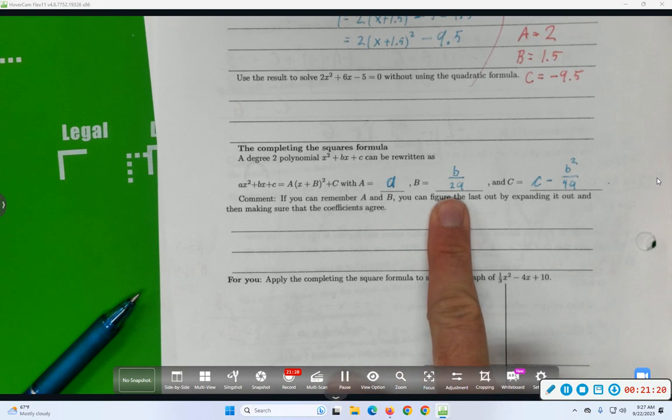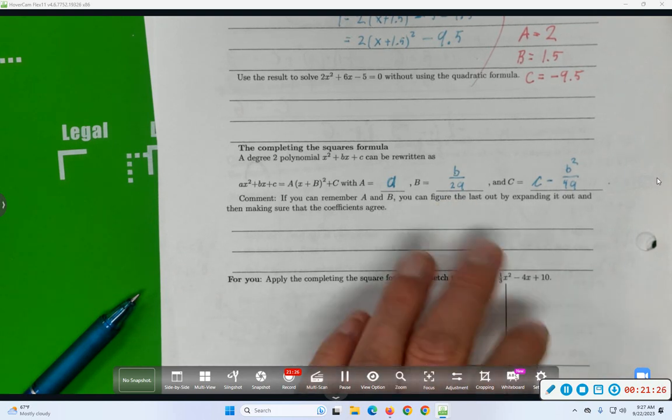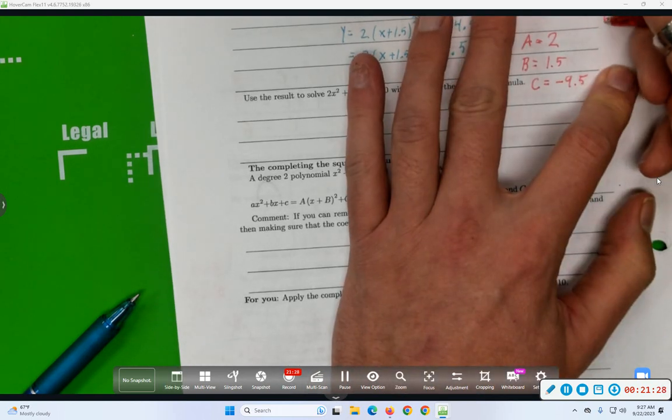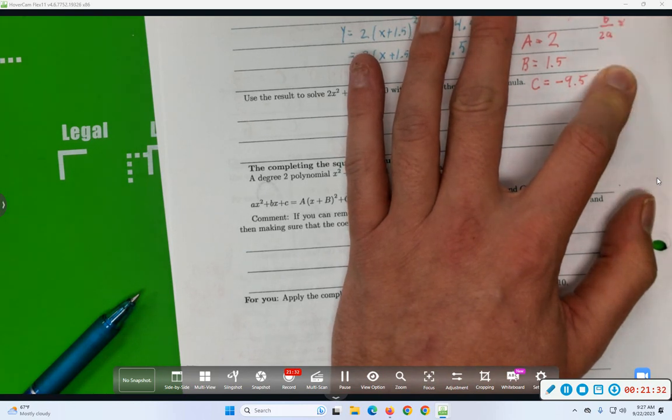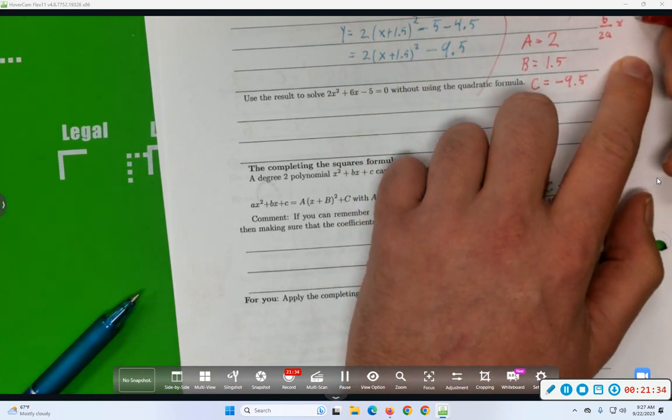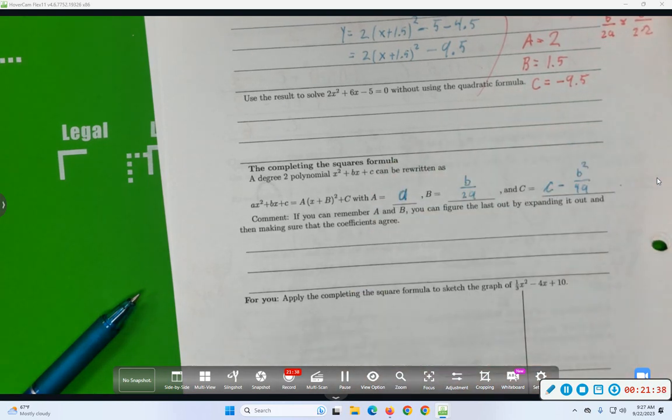Big B is little b over 2a. And that's slightly complicated, so let's compute that. Little b over 2a in this example: little b was 6, over 2 times 2. Is 6 divided by 2 times 2 equal to 1.5?